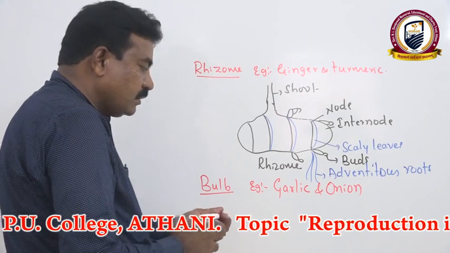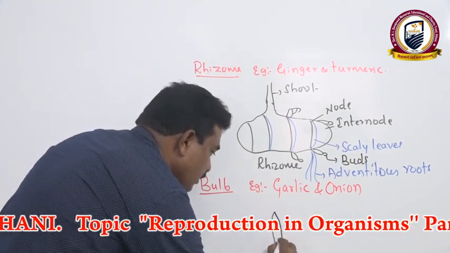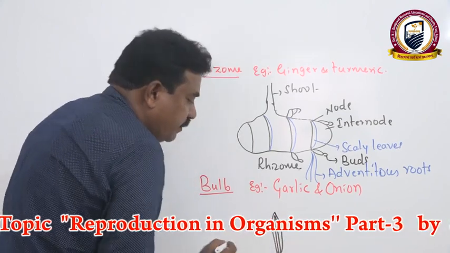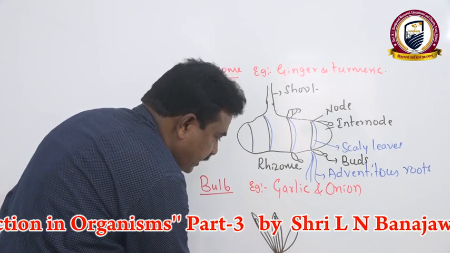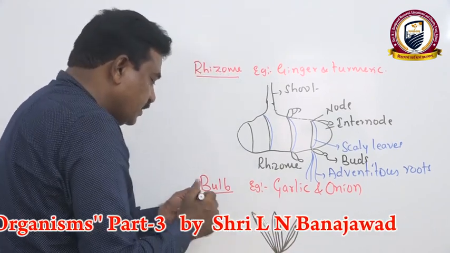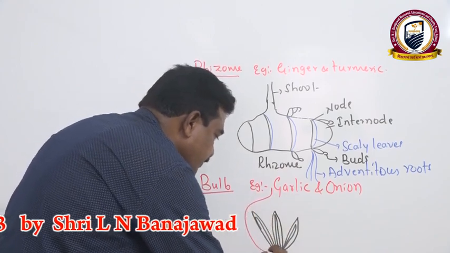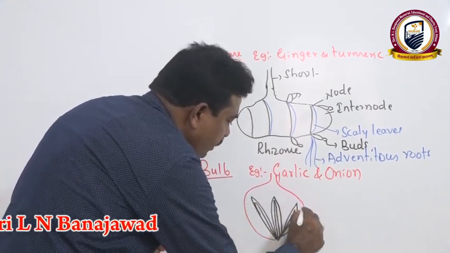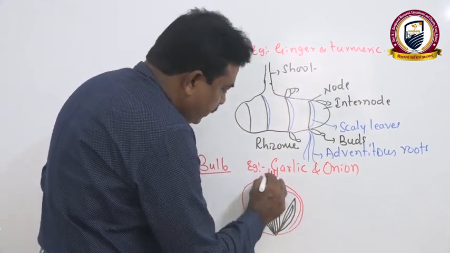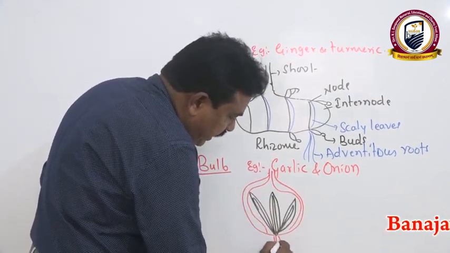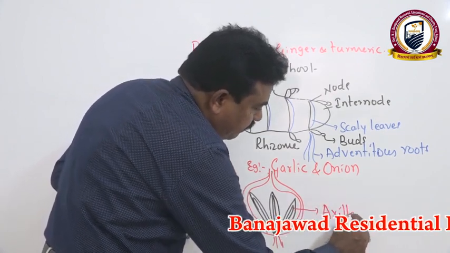If you consider onion, here there is a small terminal bud, then two side axillary buds, and these buds are surrounded by fleshy scaly leaves. Therefore in onion, the edible part means these scaly leaves arranged in a concentric manner. Along with that, it is the axillary bud.